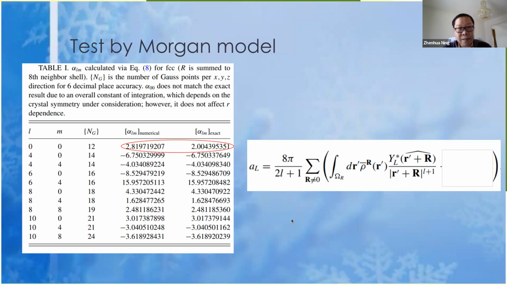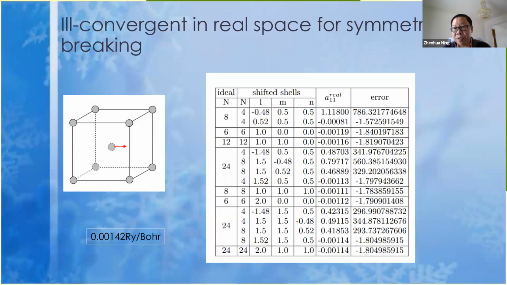I also tested this with a real calculation. It works well for a high symmetry system like a BCC or FCC system. But if the system has symmetry breaking, it causes trouble. For example, say we have niobium, a BCC niobium.